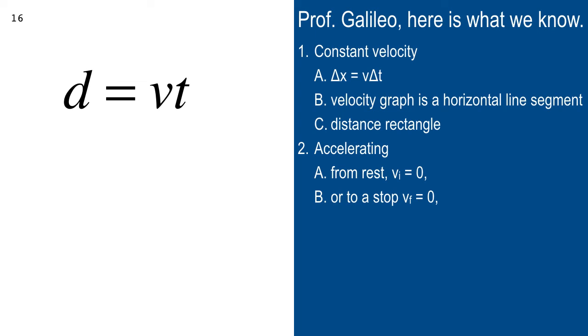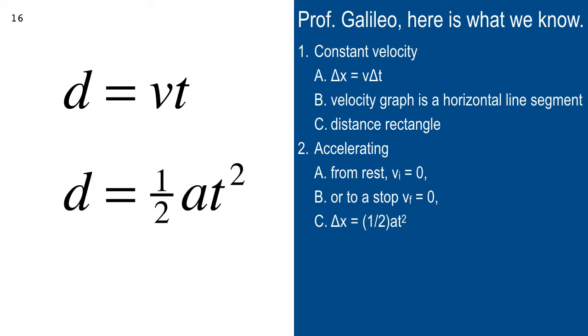So if it comes to a stop, v f equals 0, delta x, or delta y if it's a baseball pop-up, is 1/2 a t squared. Or if it's a baseball pop-up, 1/2 g t squared, with g equal to 9.8. And in this case, the velocity graph is a sloped line segment.